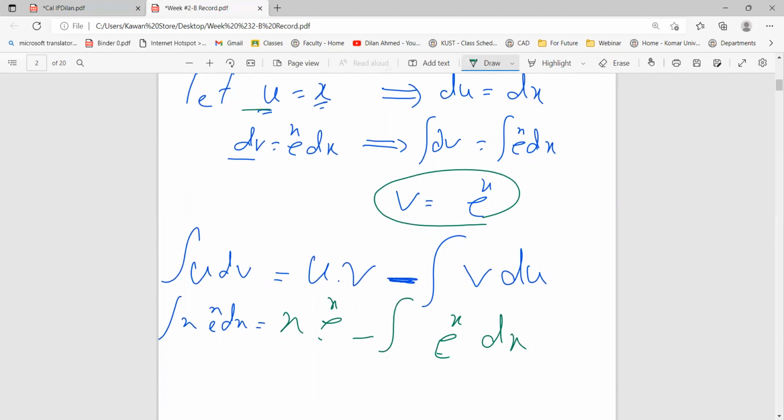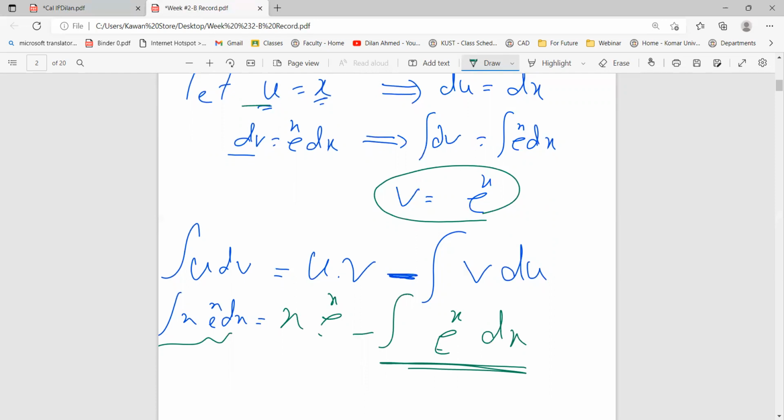Now you can see the first integral was hard and inseparable. We couldn't do anything. But now I got what? An easy or direct or formula integral.